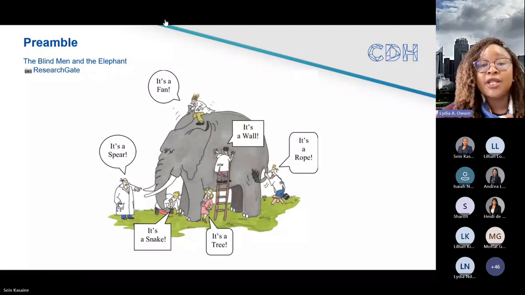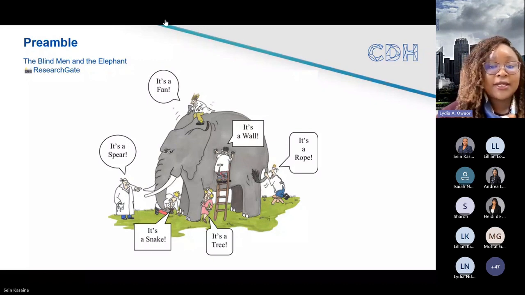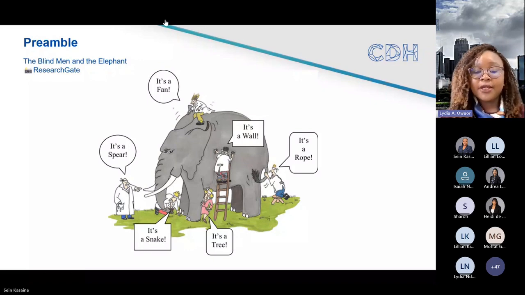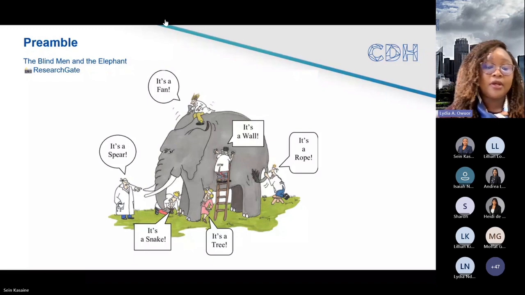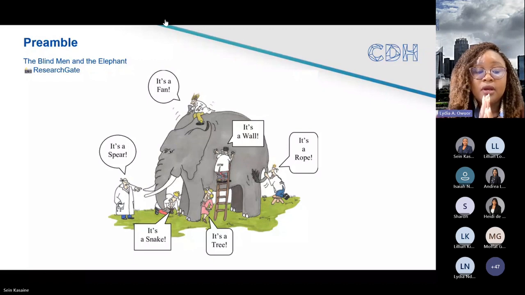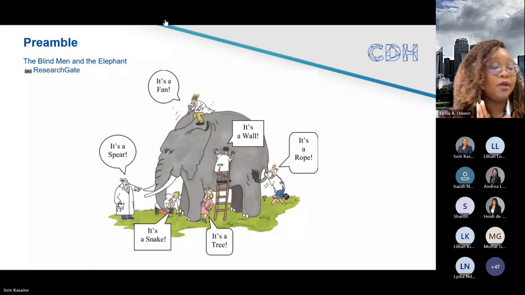Someone is touching the leg, and they think it's a wall. Someone else is touching the tusk, and they think it's a spear. You realize that they all conclude that the elephant is something completely different based on their perspective. None of them is grasping the full picture because they fail to consider all the aspects of this elephant. So you can move to the next slide.